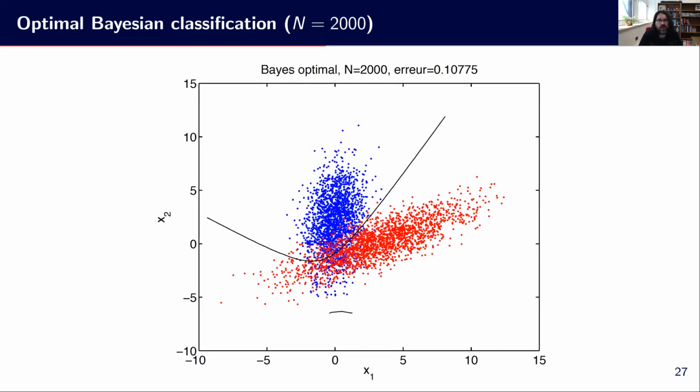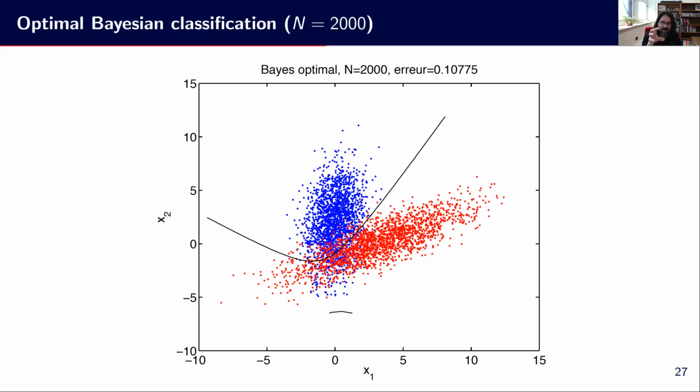Let's look at an experiment that I made before using a data set of 2,000 samples. Our error is about 10.7% here. So we are looking basically at the optimal Bayesian classification rate, because we are computing this on real data. In fact, these blue and red samples were coming from Gaussian distributions with different covariance matrices.